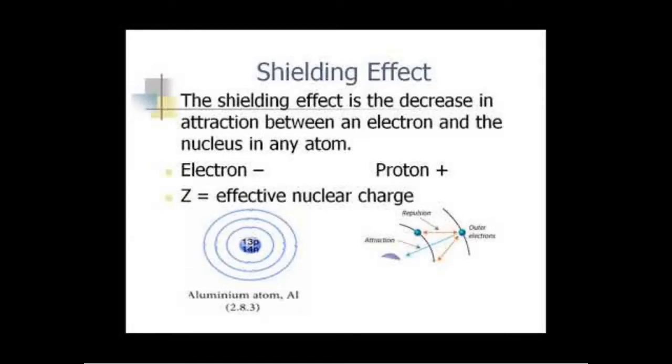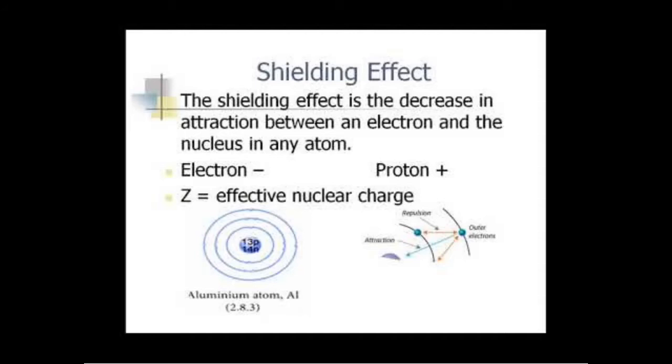The shielding effect is defined as the decrease in attraction between an electron and the nucleus in any atom. We know that an atom is a composite of two oppositely charged bodies. Electrons, negative charge, moving in circular orbits, but protons are positively charged and they reside in the central part of the atom, in the nucleus.